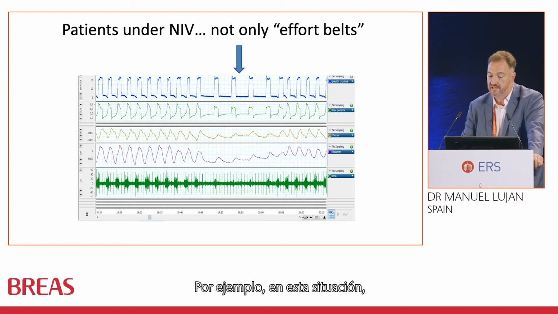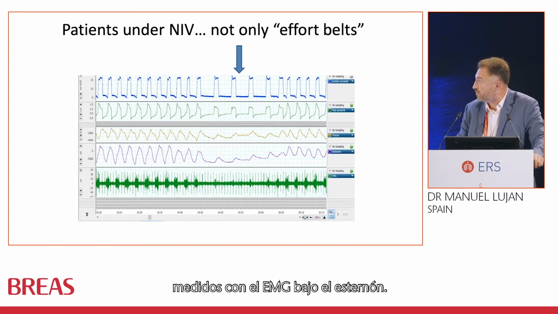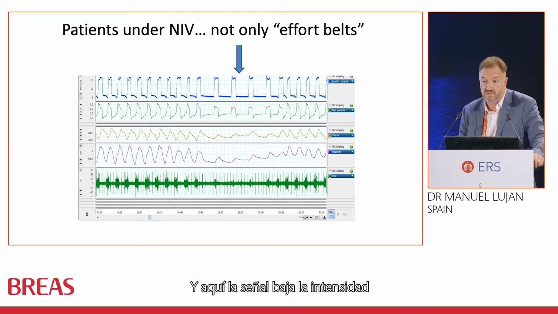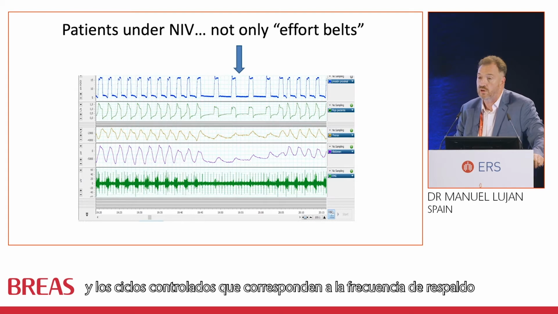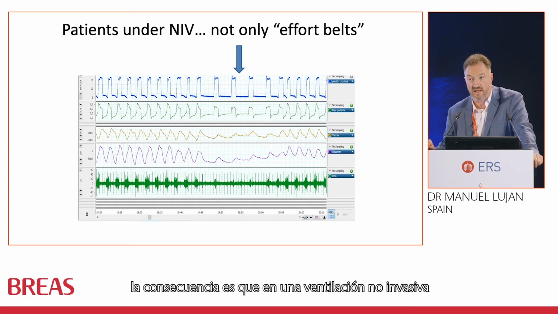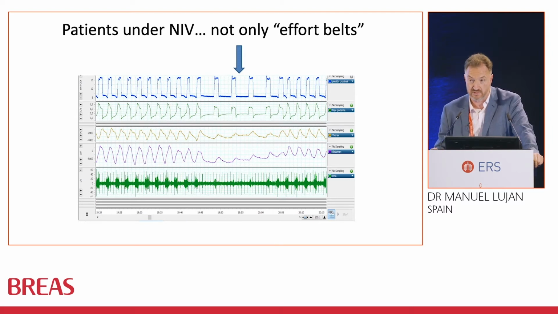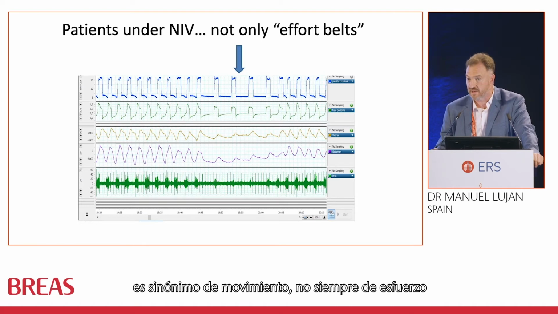For example, in this situation, you have some cycles with effort measured by parasternal EMG, and here the parasternal EMG signal decreases, and the controlled cycles corresponding to backup frequency appear with movement in the thoracic and abdominal belts. The consequence is that in non-invasive ventilation, belts are not always a synonym of effort. It's a synonym of displacement, not always effort.